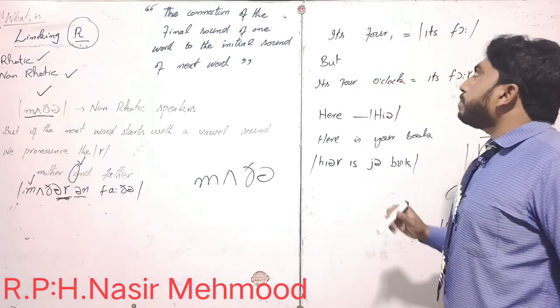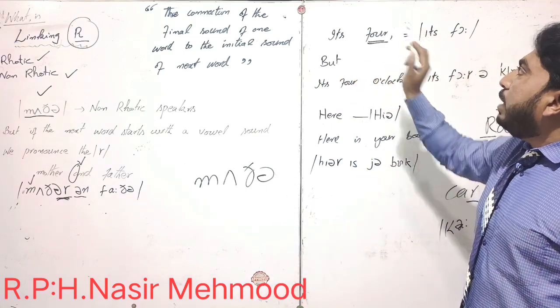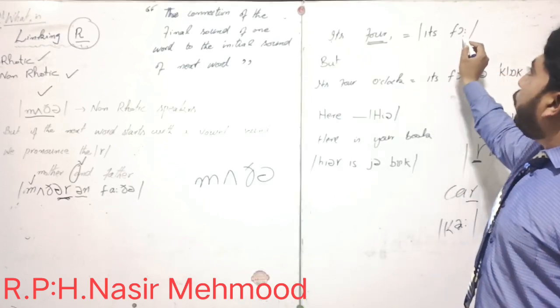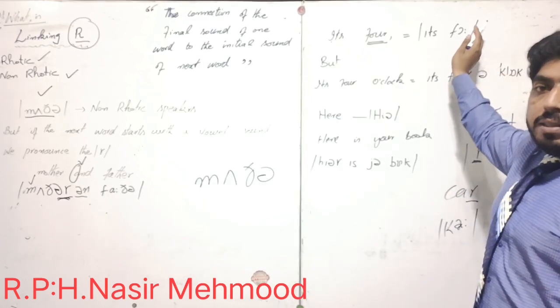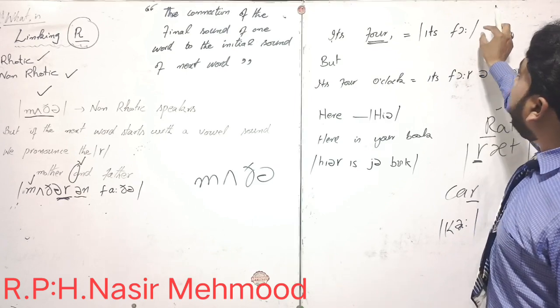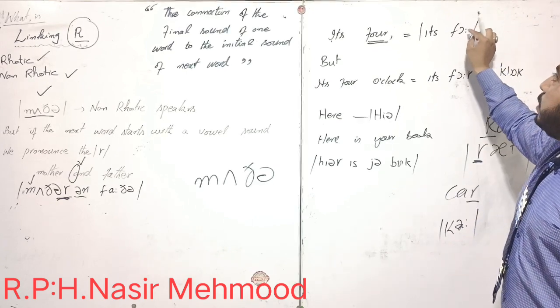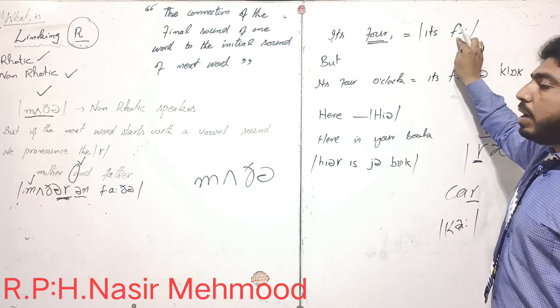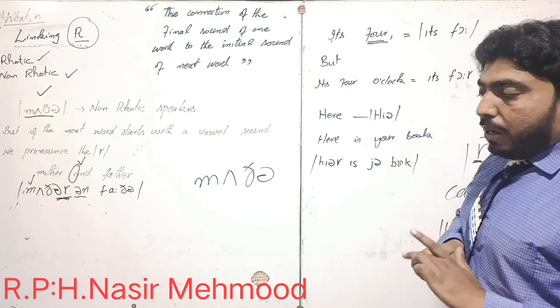Another example, in isolated form, we have four. R is not present in the pronunciation. Why? Because R is followed by a vowel sound, and before R there is a vowel sound. This is why we will not pronounce it.